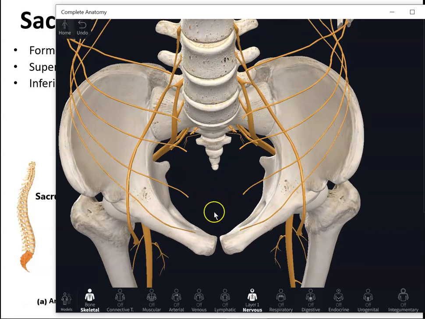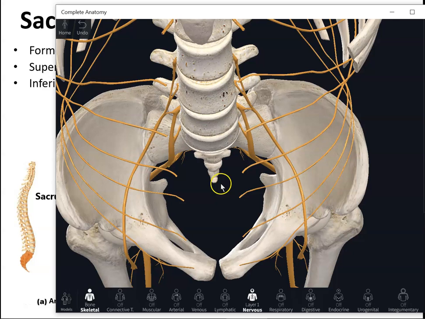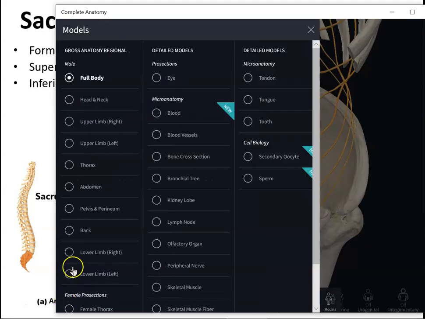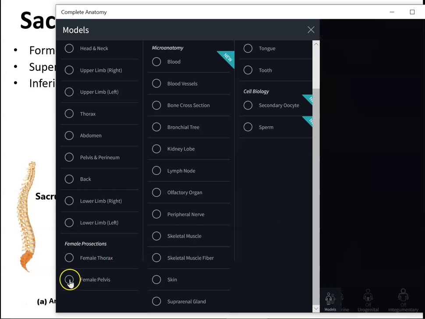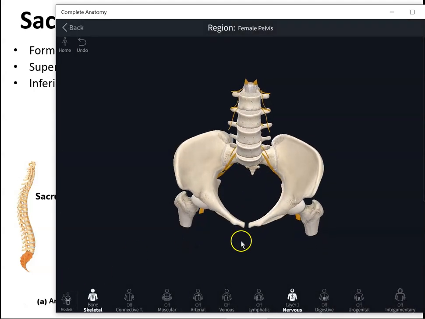So this is a male skeleton, and what you could see is if we tried to push a baby's head through this space here, the coccyx would actually limit the size of what could be pushed through, as would these two ischial spines. If we change this to a female pelvis, you'd actually see the coccyx would be in a different position.